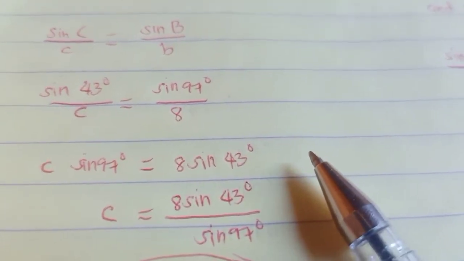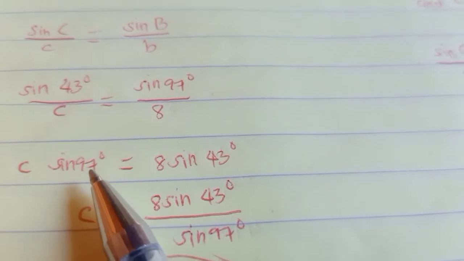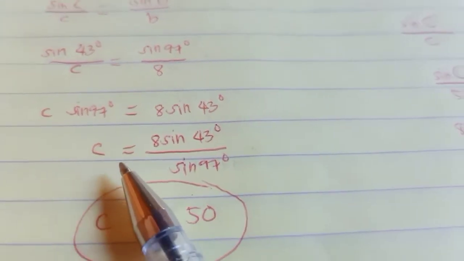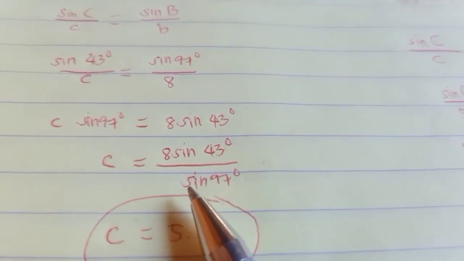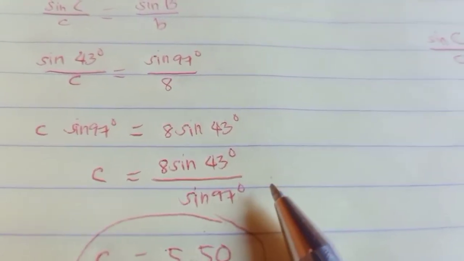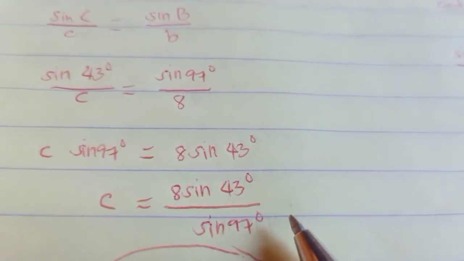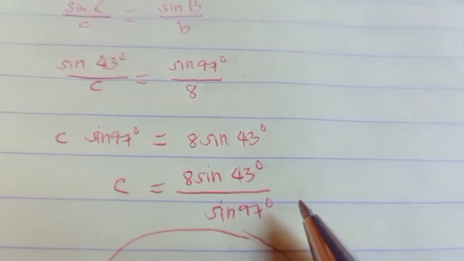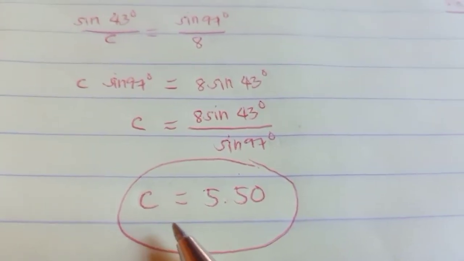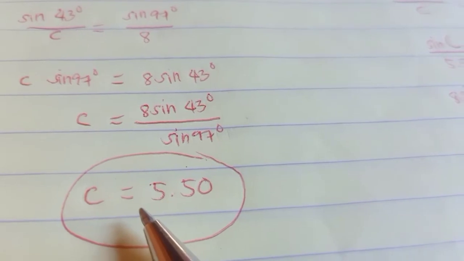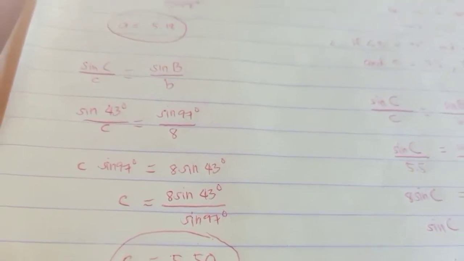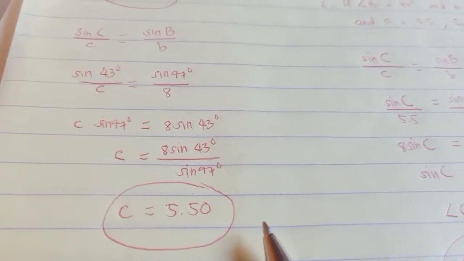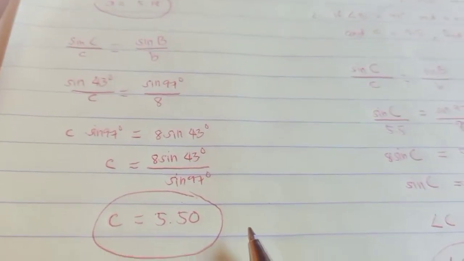Bring down sine 97 degrees, so c is equal to 8 sine 43 degrees over sine 97 degrees. By using your calculator, the answer will be c is equal to 5.5.